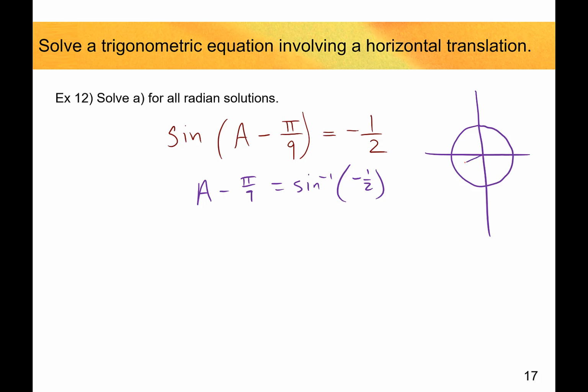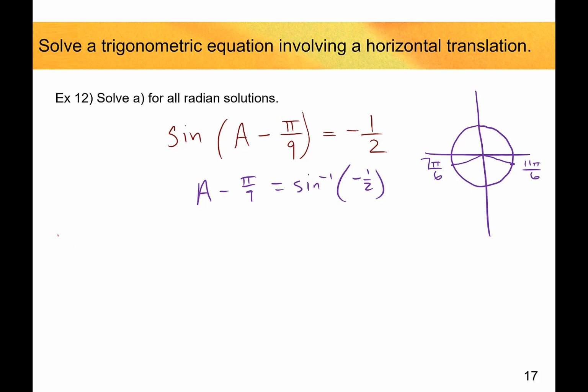Alright, I think I see it as 210. No, hold on. You can't say 210 because we're in radian measurement here. So is it 7 pi over 6? And the other side over here is going to be 11 pi over 6.